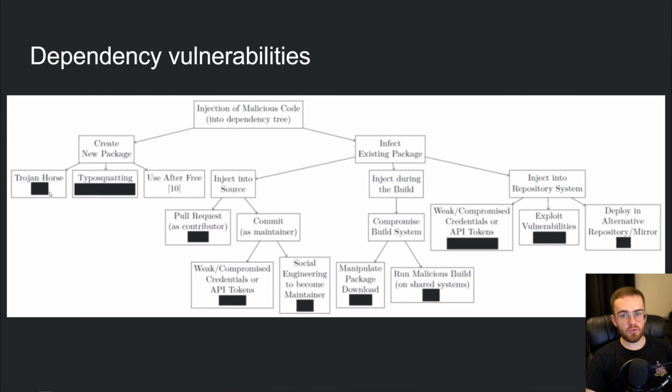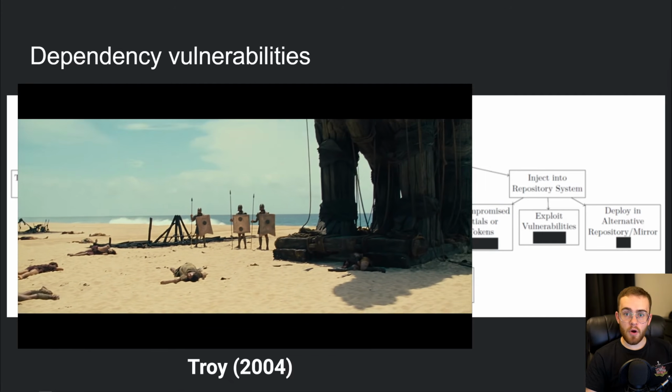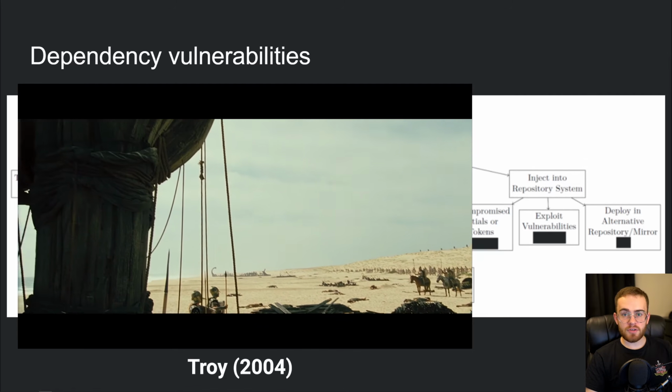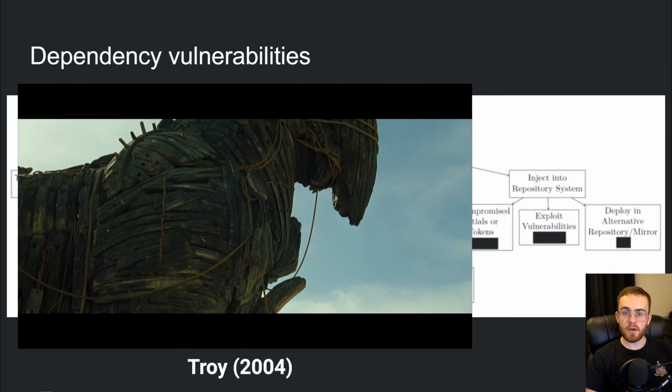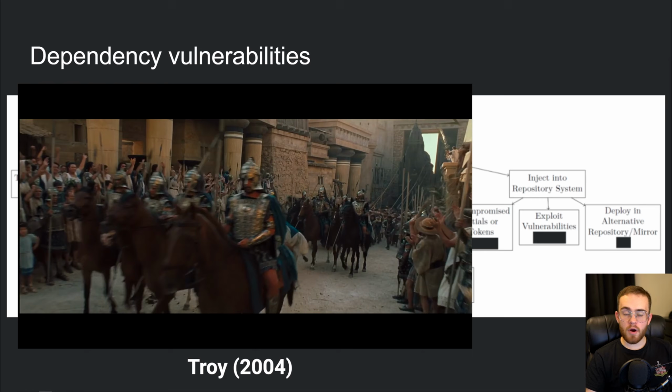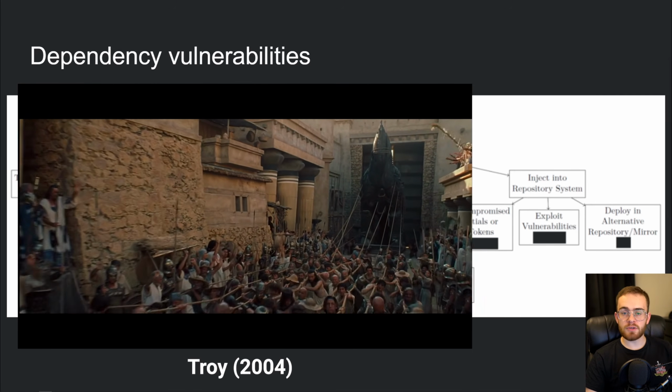So the first one is a Trojan horse. And I'm not sure if you heard about the Greek myth. It's a great story, actually. It's about the Greeks and the Trojans that were in a war. And eventually the Greeks pretended that they were sailing away, kind of leaving the war. And they left a big wooden horse as a sort of victory trophy.